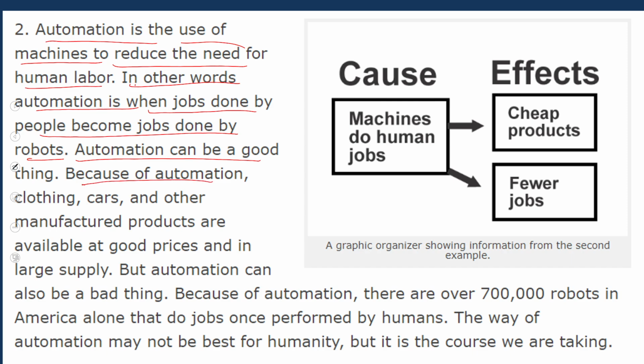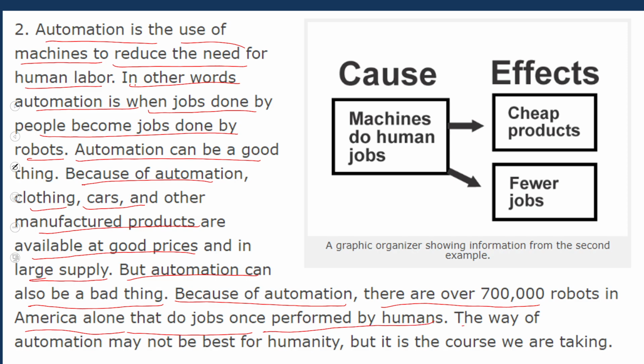Because of automation, clothing, cars, and other manufactured products are available at good prices and in large supply. But automation can also be a bad thing. Because of automation, there are over 700,000 robots in America alone that do jobs once performed by humans. The way of automation may not be best for humanity, but it is the course we are taking.